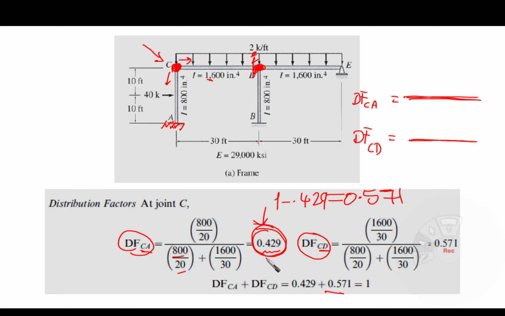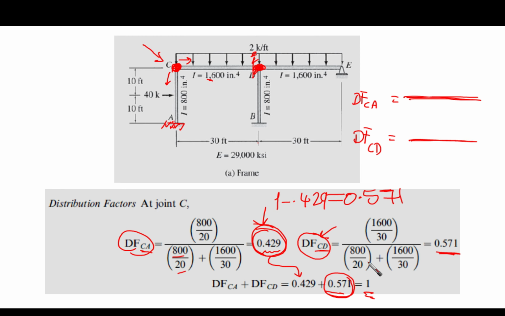So if we sum 0.429 with the CD distribution factor, it should equal 1. So we are having it to be 0.571, as you can see here, the distribution factor for CD.